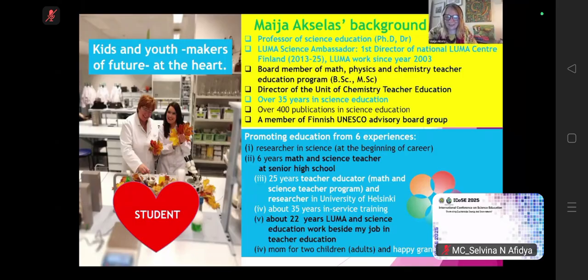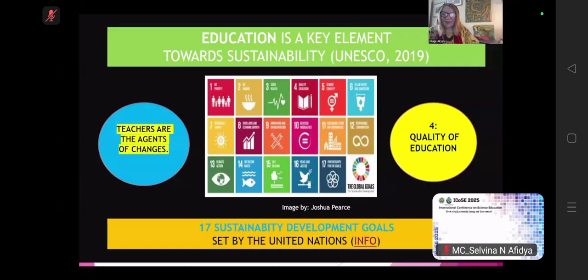Sustainability education is one of my favorite research topics. We are trying to find out different kind of novel pedagogical solutions, how to engage teachers and also the students on sustainability energy and promote quality of education.